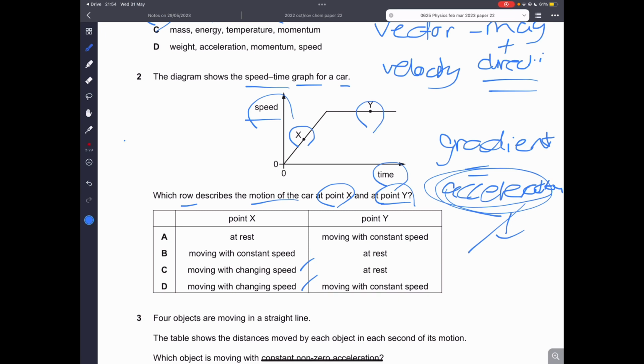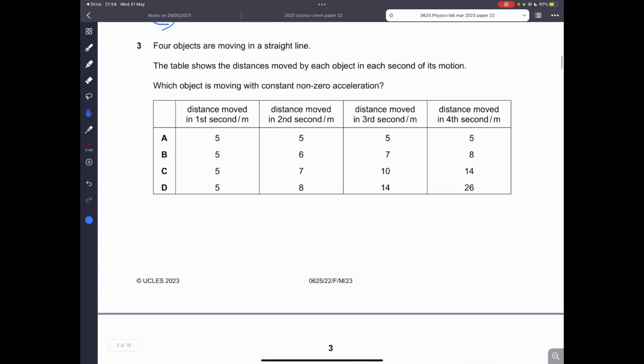And at Y, we can see that the speed is constant, that there is no gradient. The gradient is equal to 0, and therefore this means that the car is moving with a constant speed, so D is the correct answer.